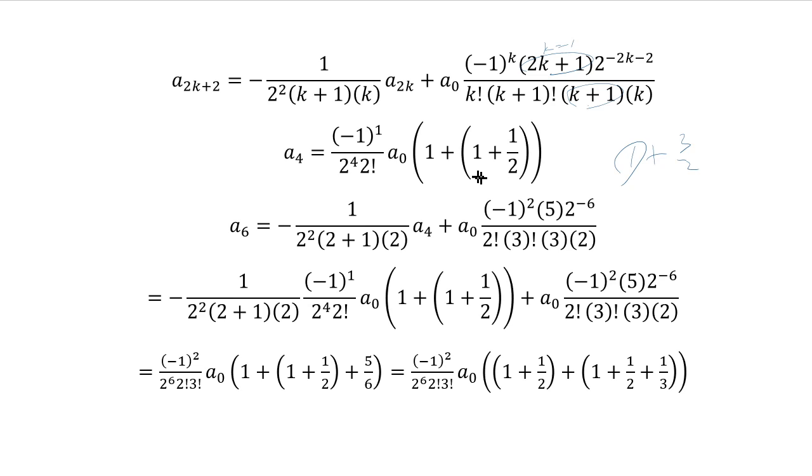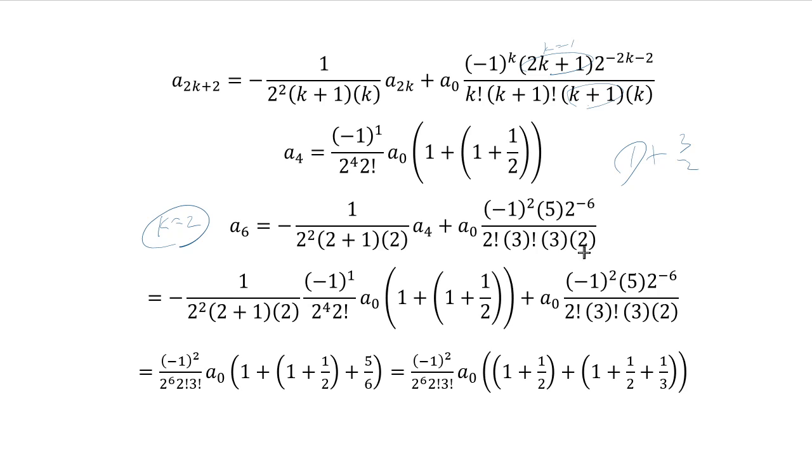And this seems outrageous. How could anybody think of that? But again, if you start from the known solution, the second kind of the Bessel function, then you can see that they contain harmonic terms, so you can very much see that these should be the pattern. Okay. Now you plug in k equals 2, plug in 2 here, you get 1 over 2 squared 2 plus 1, 2, and then you plug in k equals 2 here as well.